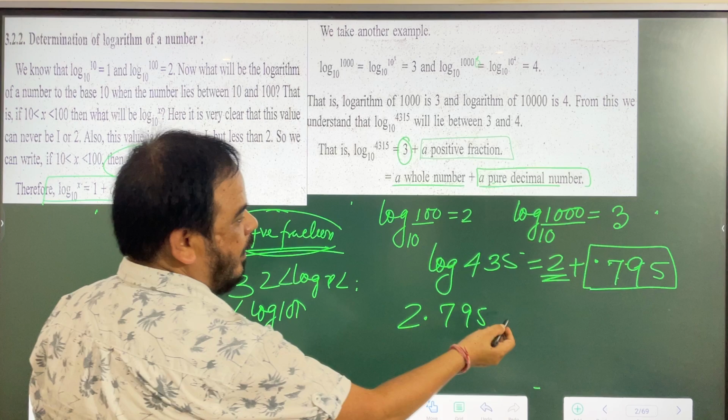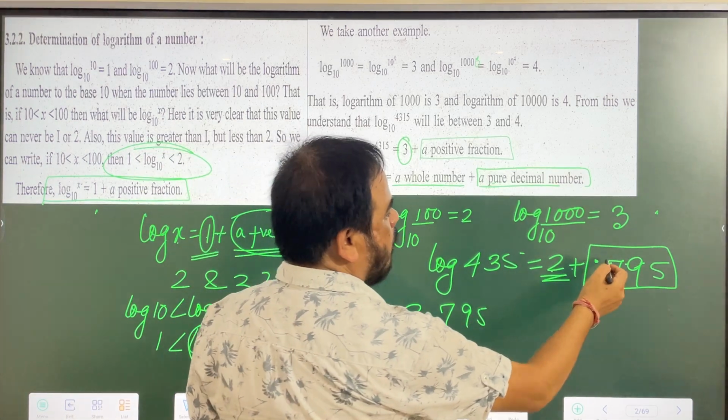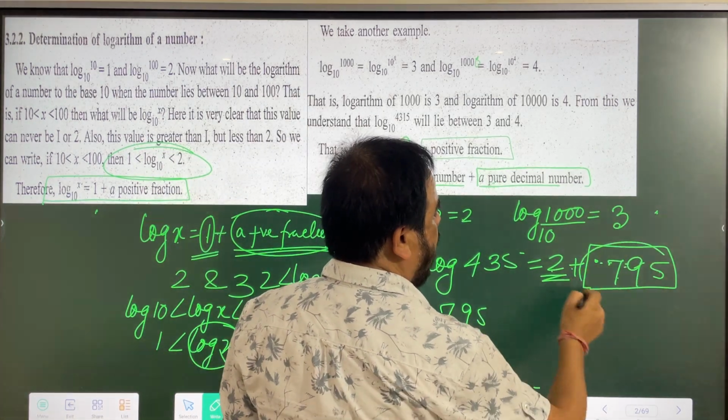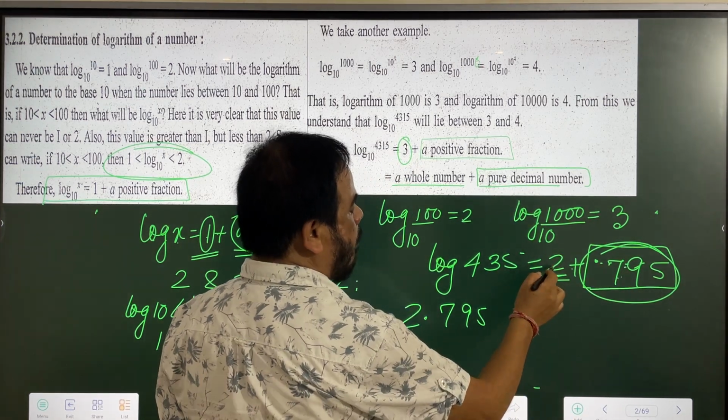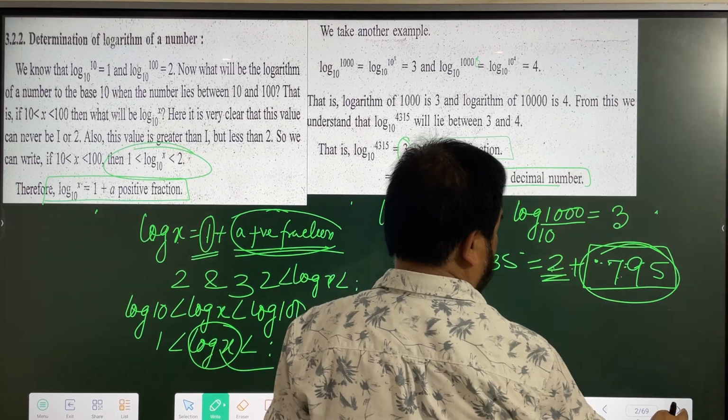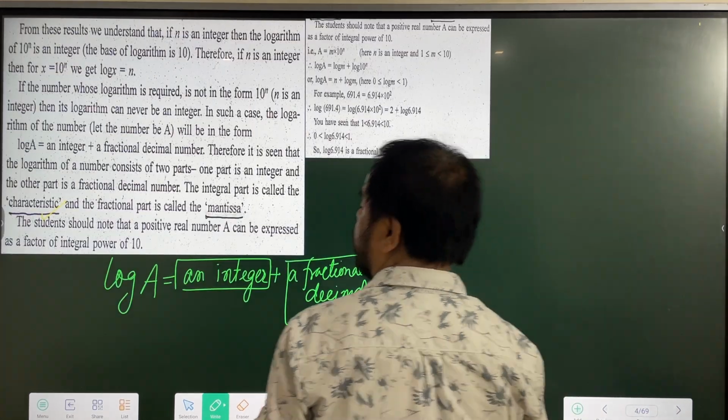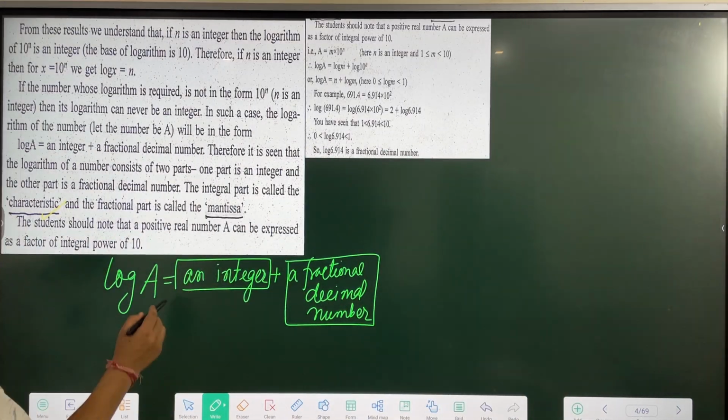Suppose 2.795. How have I written it? 2 plus 0.795. This is a pure decimal number, and this will be a whole number, that means an integer. Whole number or integer, same thing.